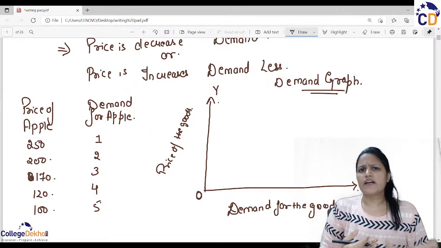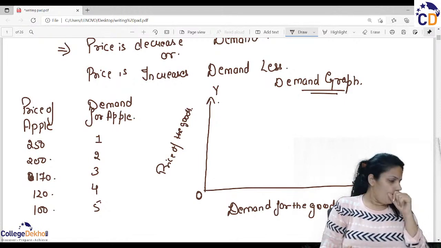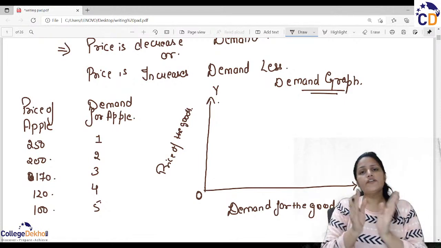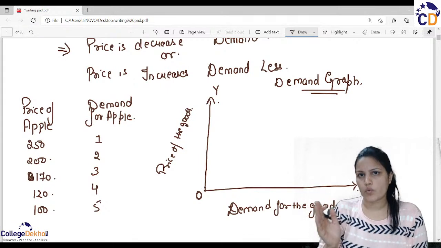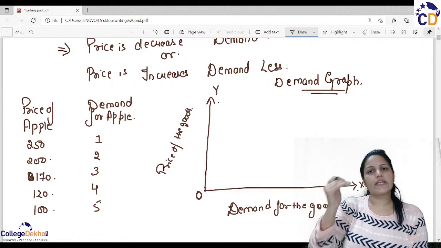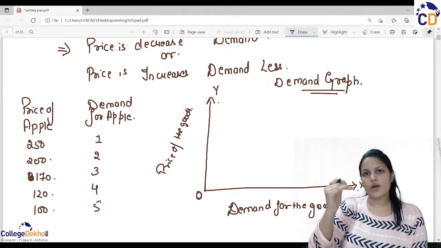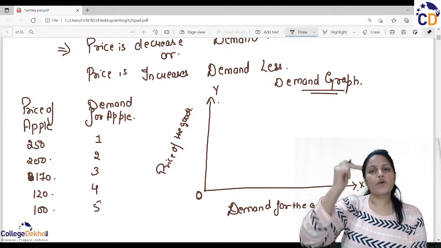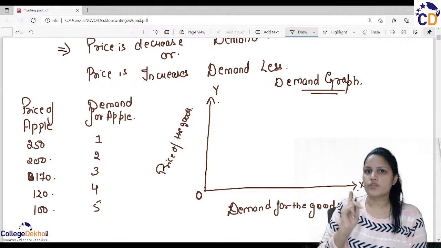Normally, how to make a graph is easily known by you guys. The differences between the points should always be equal. For example, if you are taking 1, then the difference from 0 to 1 is 1, and the difference between all the numbers should be equal to 1.